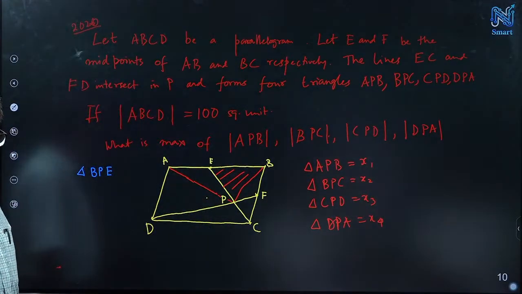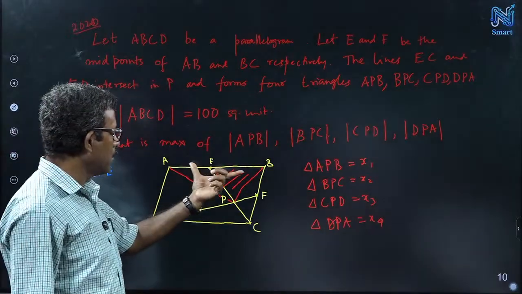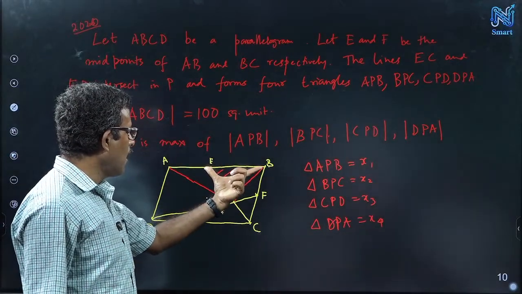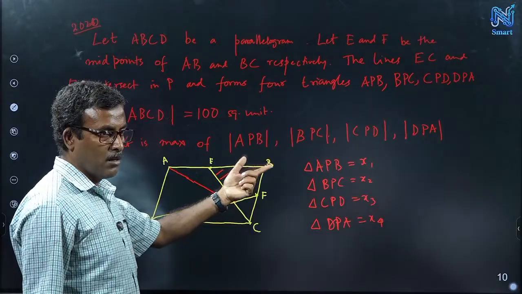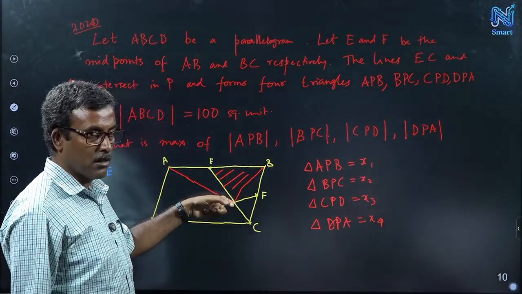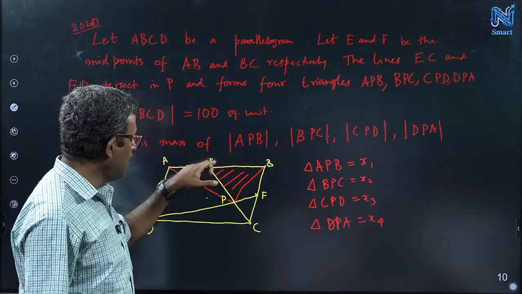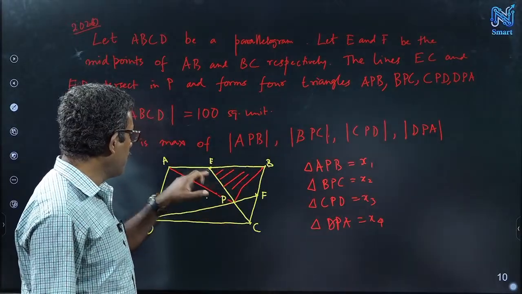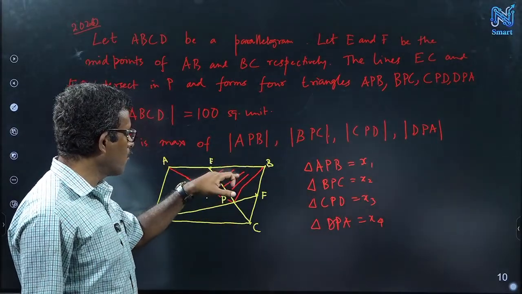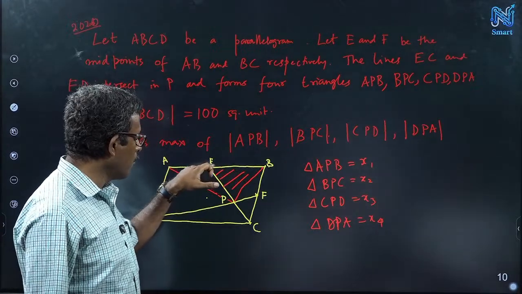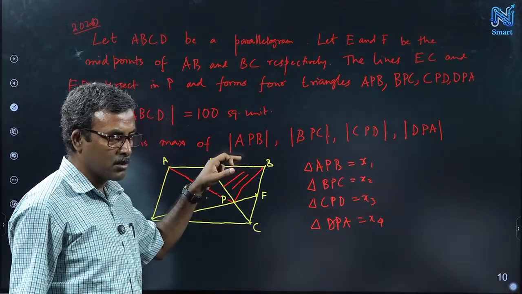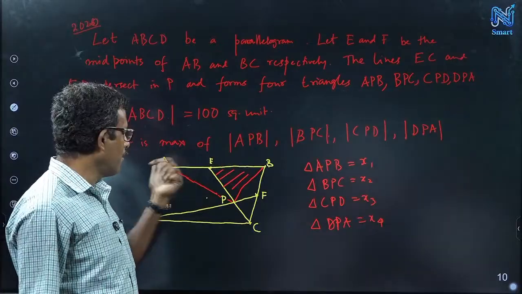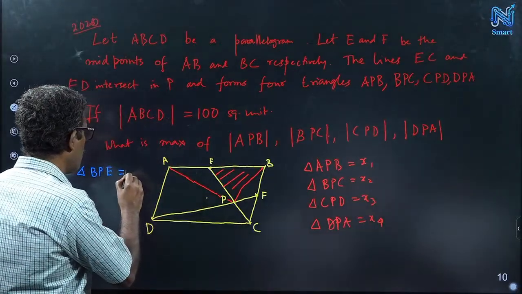Half of this, no? Because of the midpoint. This EB is half of AB. Same base, same vertex. That means area of EBP divided by area of ABP is just the length of EB by AB. So it is just half. So it is x1 by 2, right?